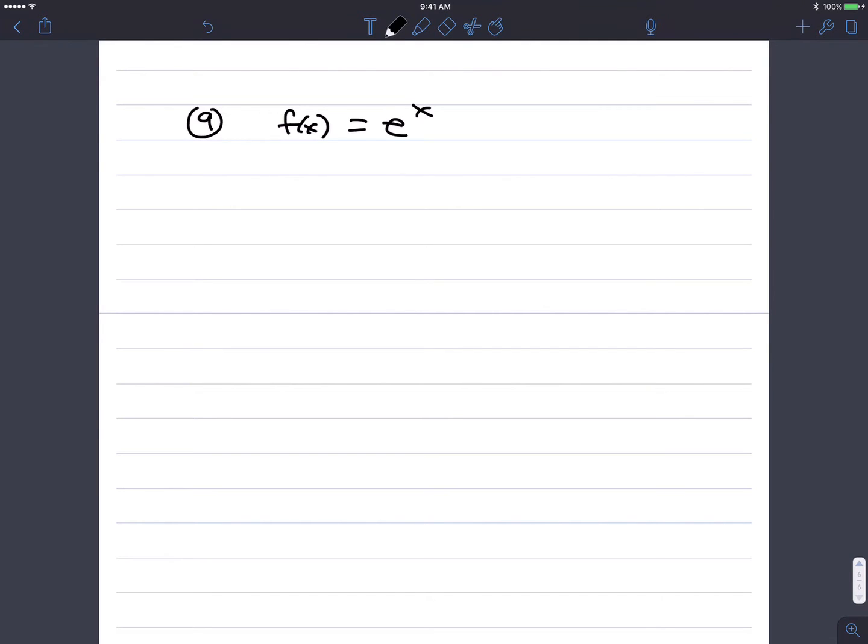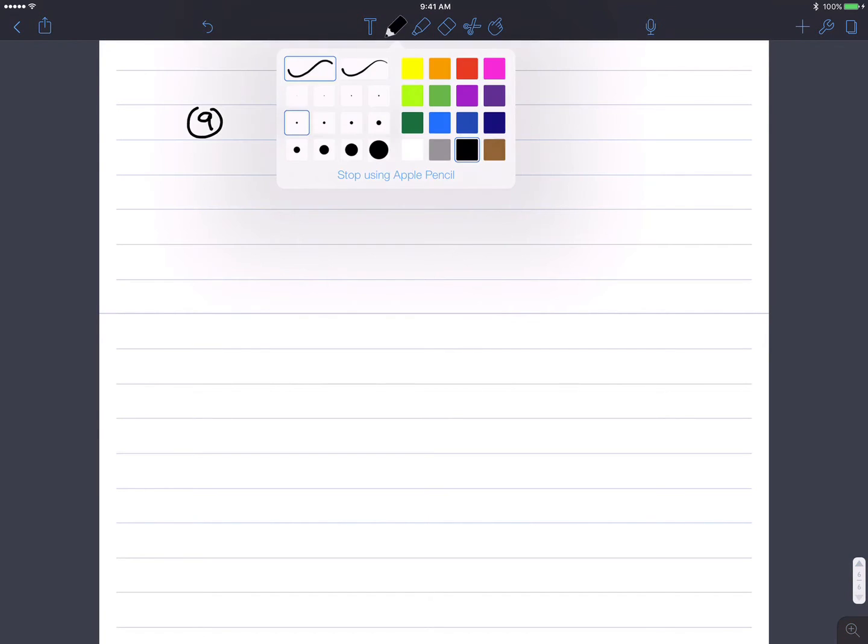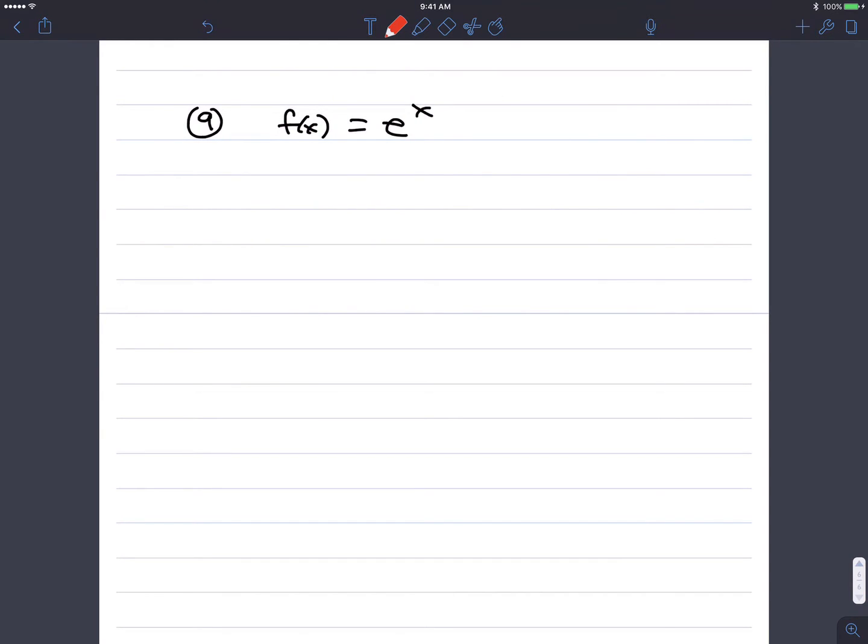How do you guys know it's growth? It's not the exponent. The base tells you whether it's growth or decay. What's your base here? The base is e. All right, so I'm going to say my base here, b, is the value e.